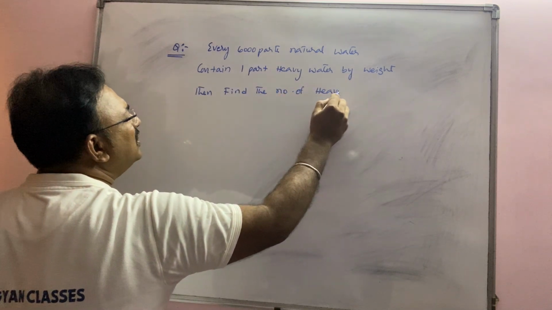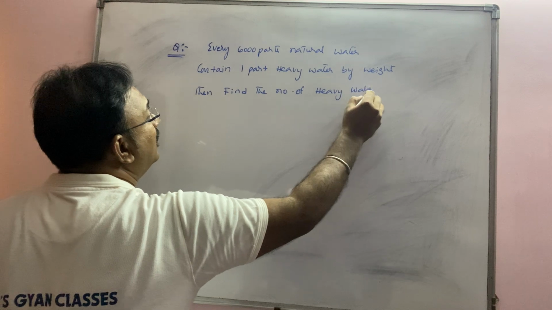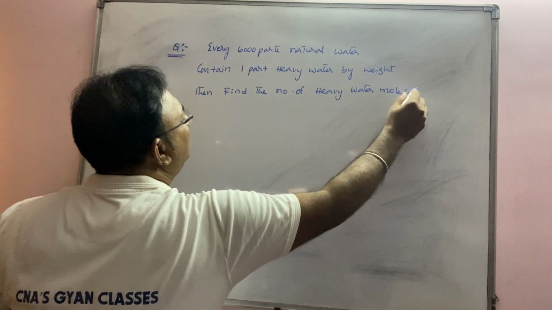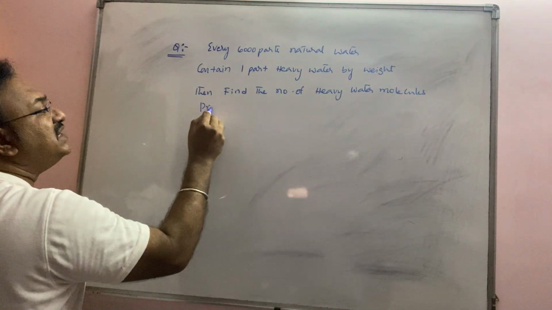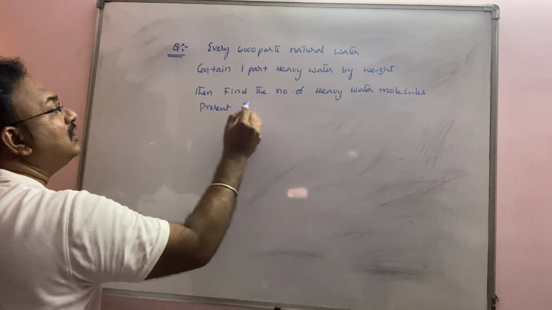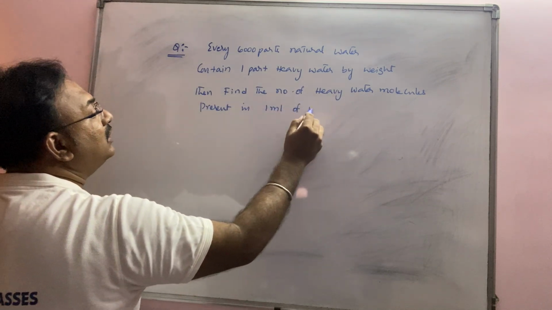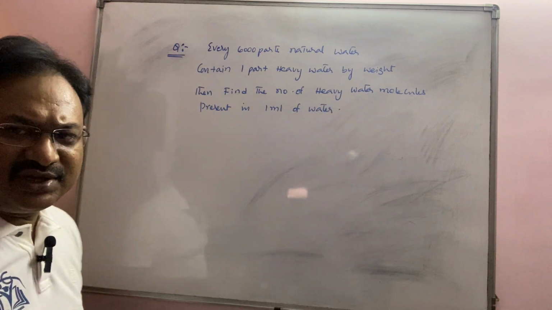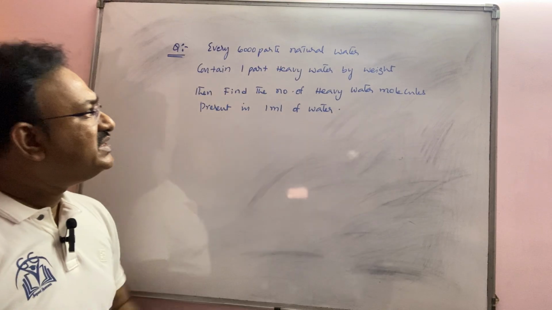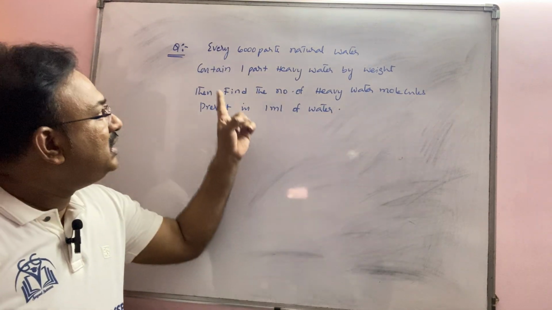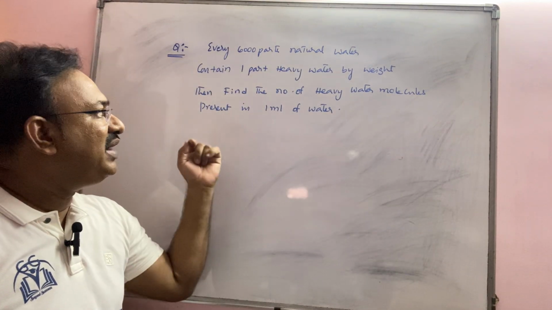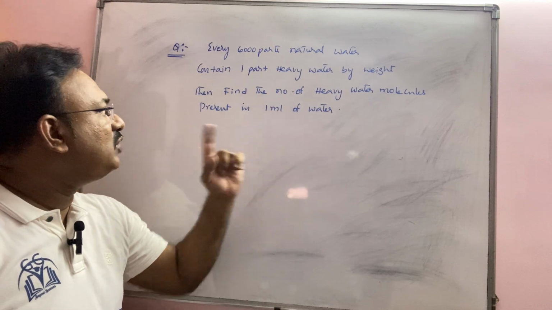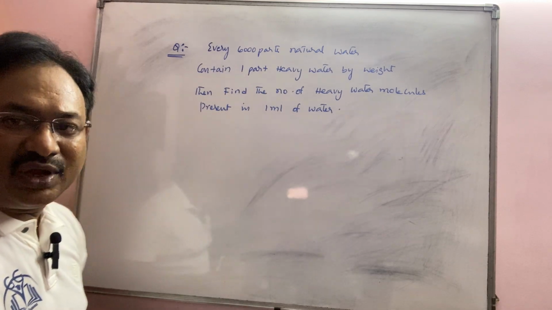Then find the number of heavy water molecules present in 1 ml of water. See, a little bit confusing question, but you can do it quite easily, don't worry. Every 6,000 parts of natural water contain 1 part heavy water by weight. Then find the number of heavy water molecules present in 1 ml water.